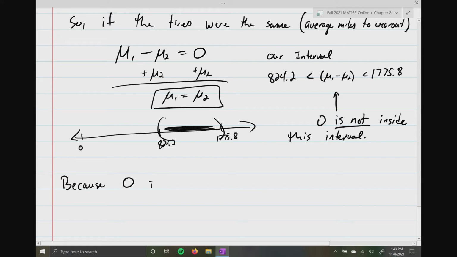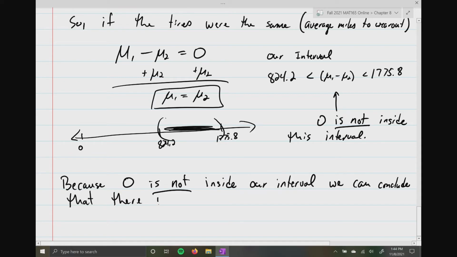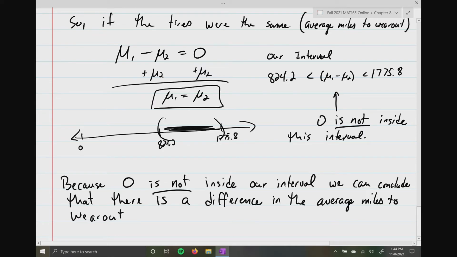Because 0 is not inside our interval, we can conclude that there is a difference in the average miles to wear out for the two types of tires.